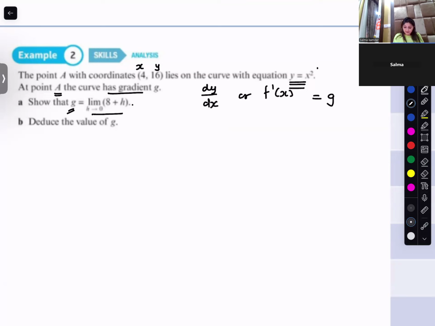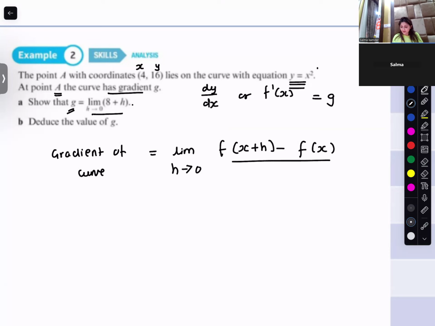So I know that the gradient of the curve from first principle is equal to the limit as h tends to 0 of f of x plus h minus f of x, the whole divided by h. And at point A, my gradient is g.